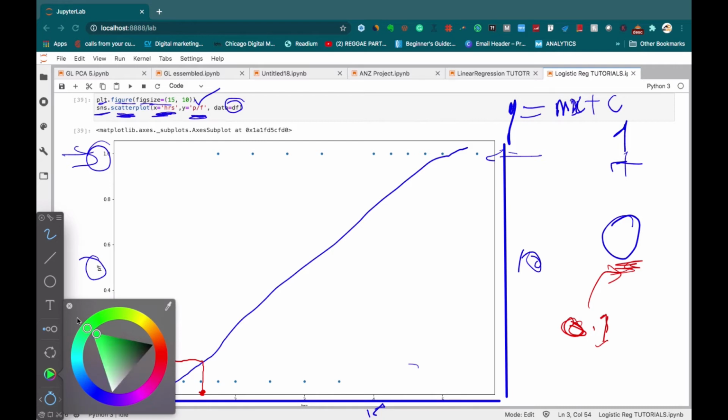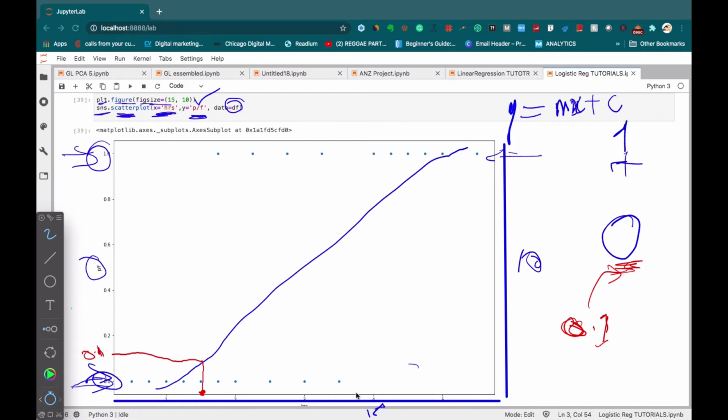However, if another student comes and studies for, say, 3.5 hours, we can predict by tracing it to our regression line, maybe something like 0.61.